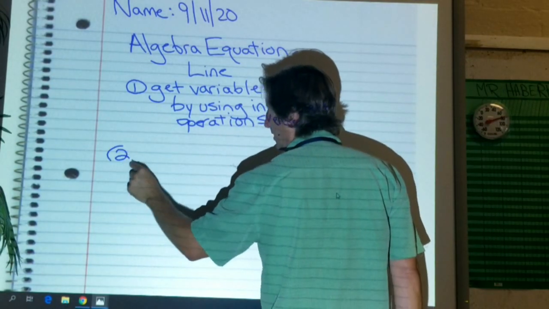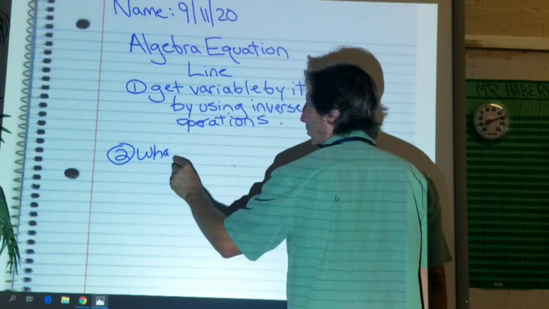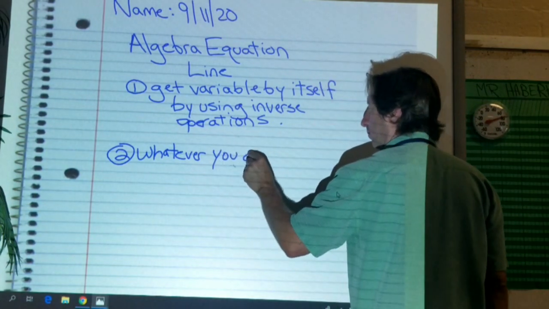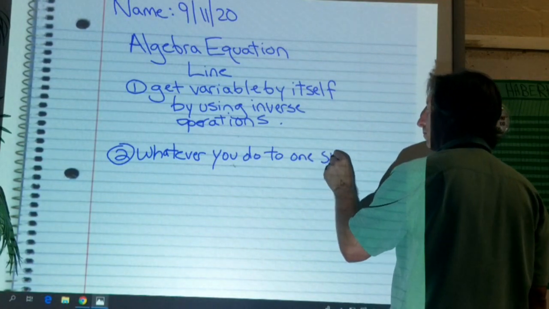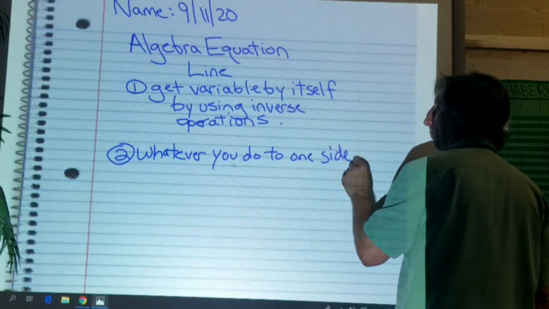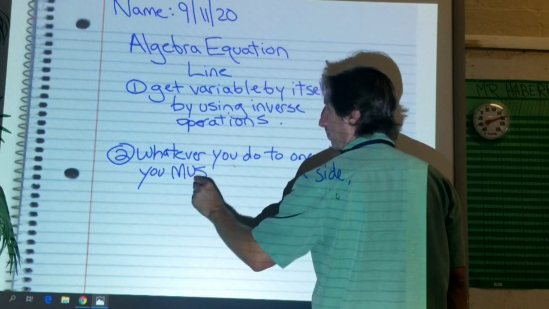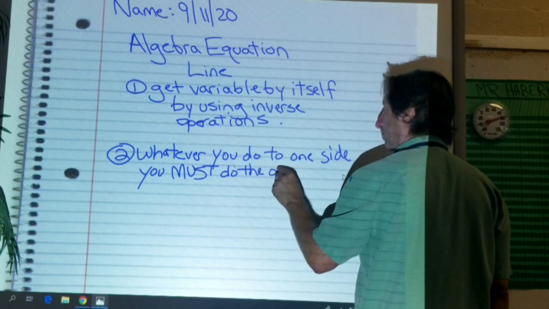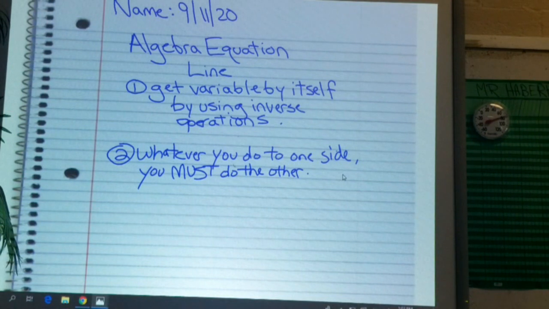And second step, whatever you do to one side, you must do to the other. All right. So let's review one. Make sure we remember how to do these, okay?